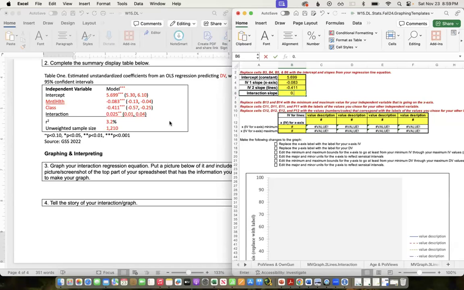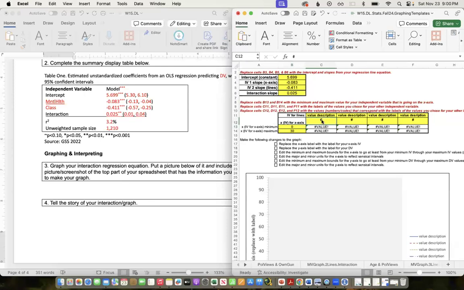And then my interaction slope was 0.025. Okay, so these are my minimum and maximum for the x-axis. The x-axis is mental health. I do have syntax in there if you wanted to run and see the minimum and maximum of mental health. You could look at the codebook and see. But I know this goes from 0 days to 30 days of poor mental health, and we know at least one respondent is at both of those. So I'm just going to put that.